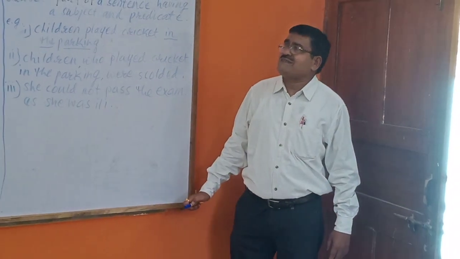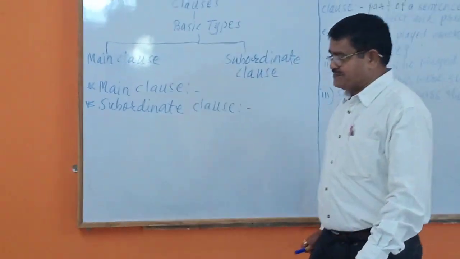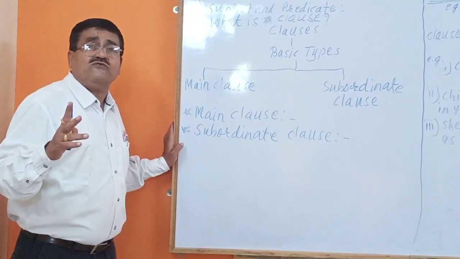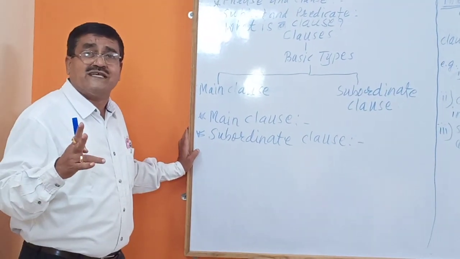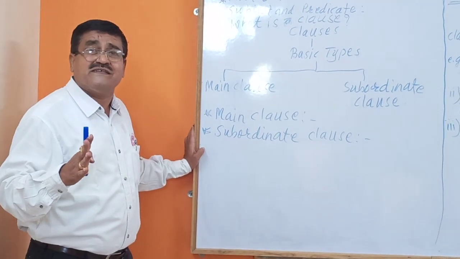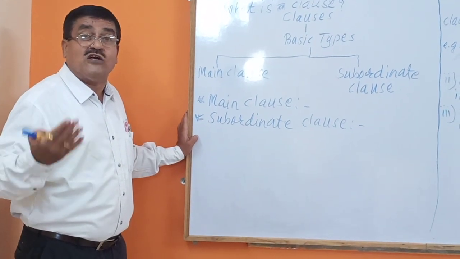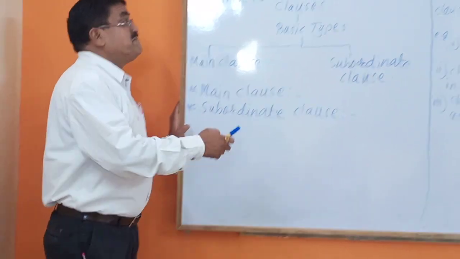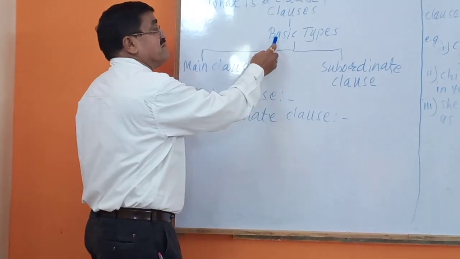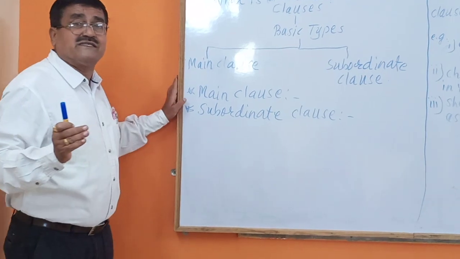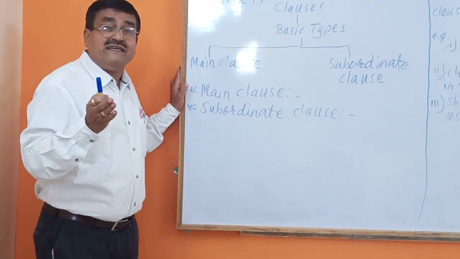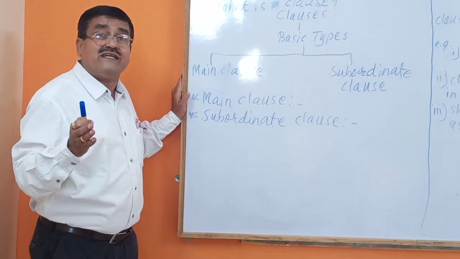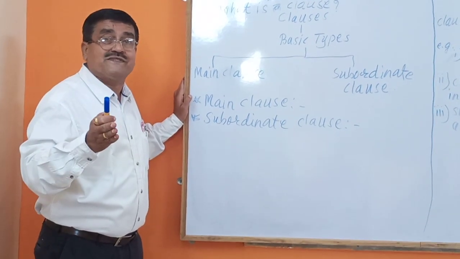The basic types of clause. Once again, let me tell you, there could be at least two clauses in a complex or compound sentence, but there could be more than two clauses in complex or compound sentences. No problem. Basic types of clauses. Basically, clauses are classified according to their function in two types.